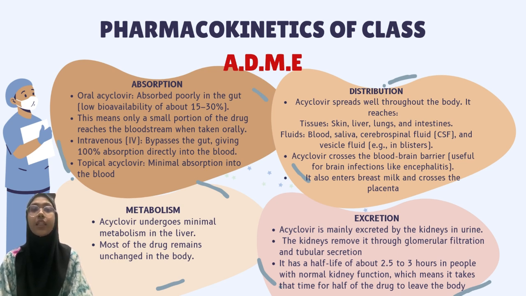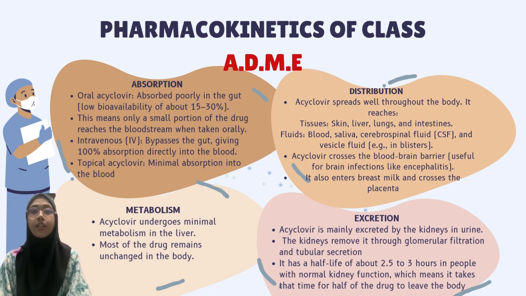Saliva, helpful for fighting oral herpes. CSF, the fluid around your brain and spinal cord. Acyclovir reaching the CSF makes it effective for brain infections like herpes encephalitis. Vesicular fluids, the liquid inside the blisters caused by herpes or shingles, allowing acyclovir to work directly at the infection site.